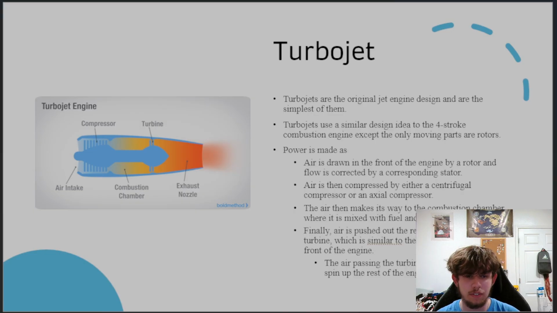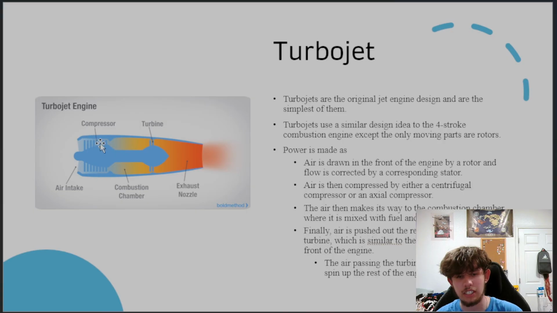Next is the turbojet. Turbojets, like I said, are the original jet engine design seen on aircraft. All turbine engines use a similar concept to the four-stroke combustion engine, except instead of having pistons that are moving up and down to have that intake, compression, combustion, exhaust phase, the turbojet engine intakes air at the front of the engine, where it's passed through a compressor.